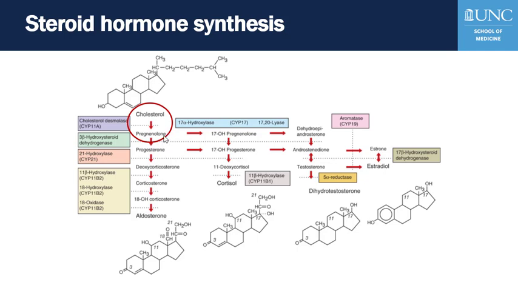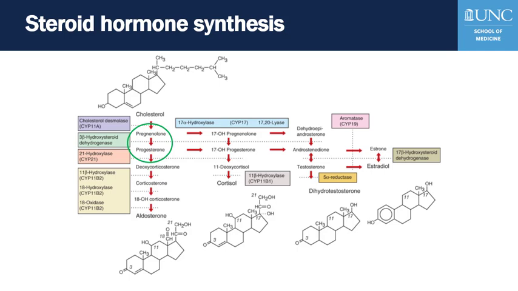steroid hormones. And so to make pregnenolone, the side chains are removed from cholesterol through the action of this cholesterol side chain cleavage enzyme, cholesterol desmolase, also known as P450-SCC. Pregnenolone is a precursor of all steroid hormones, but it's also important to note that progesterone is another important precursor molecule.